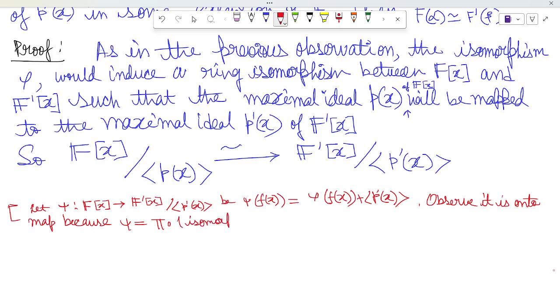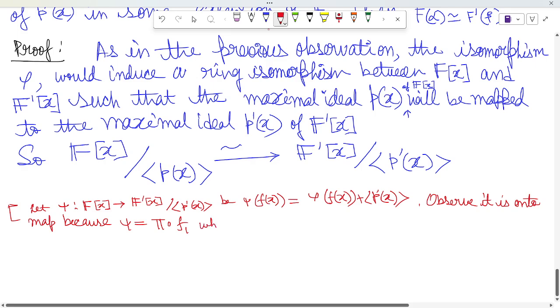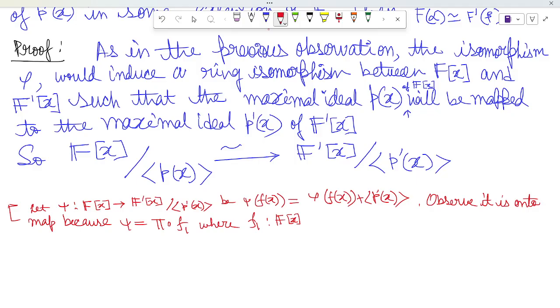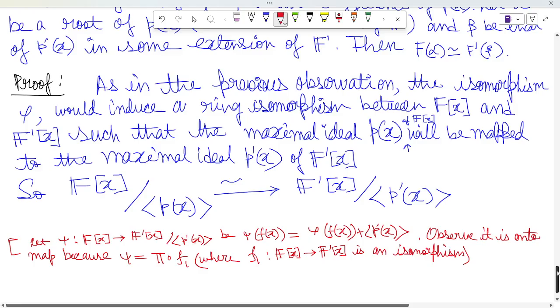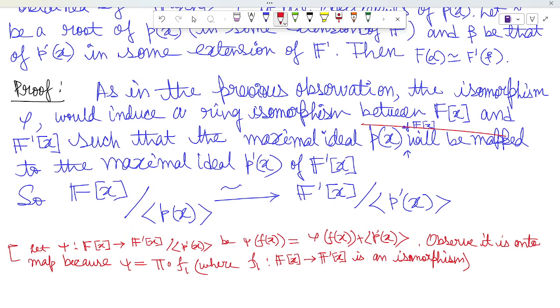Let me write it as pi composed with the isomorphism; name the isomorphism F1.